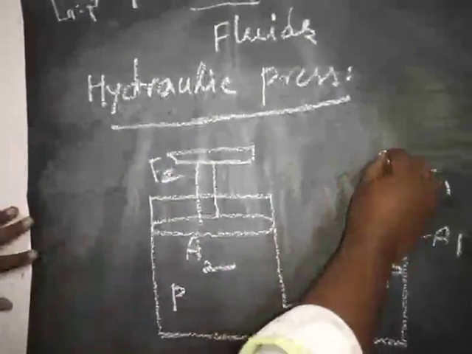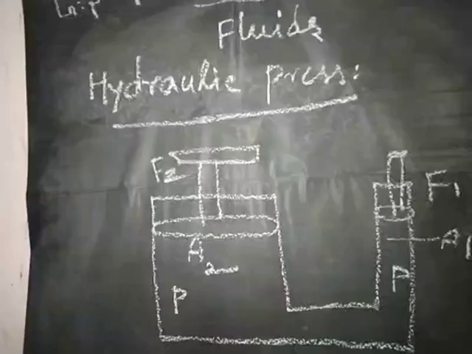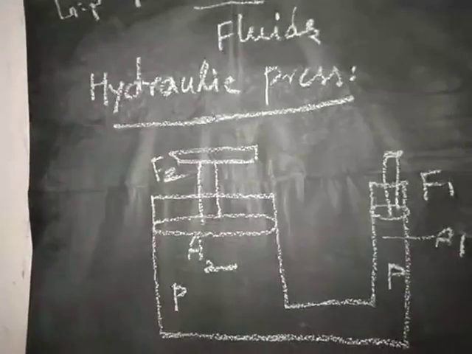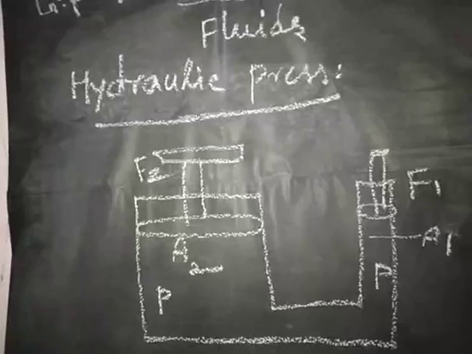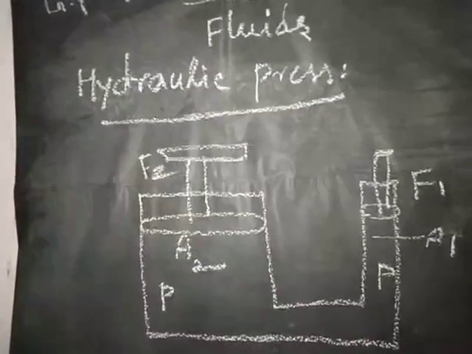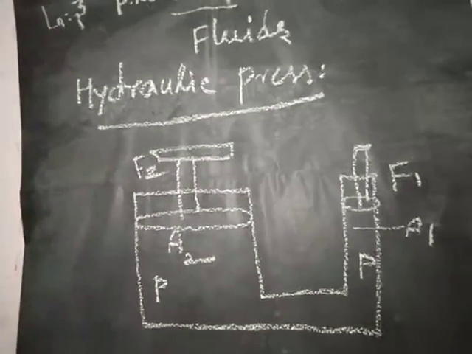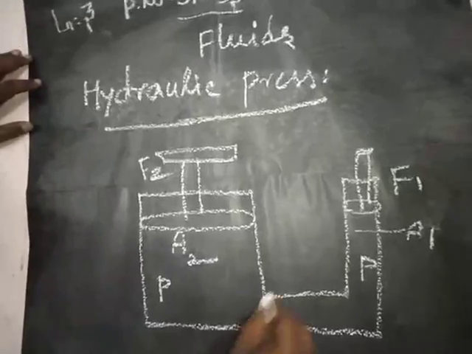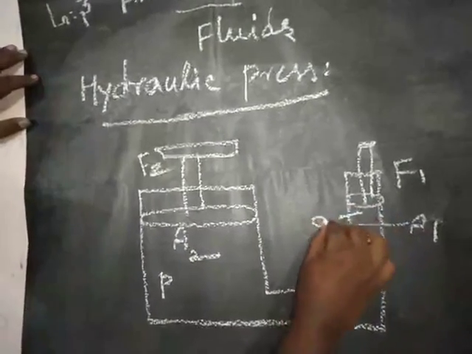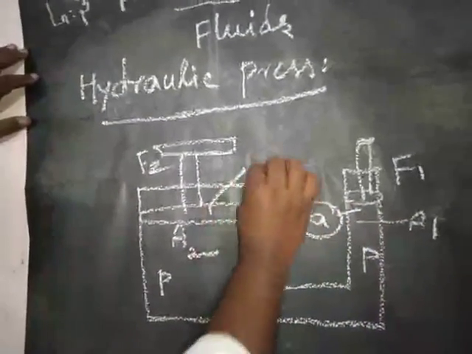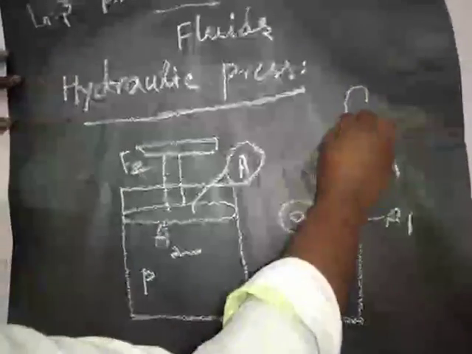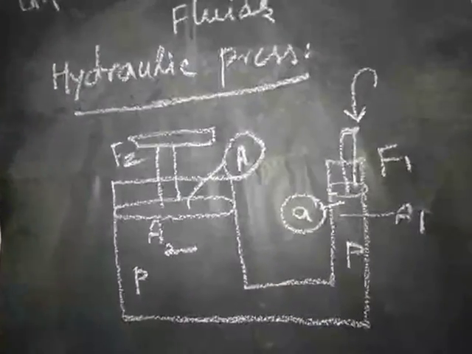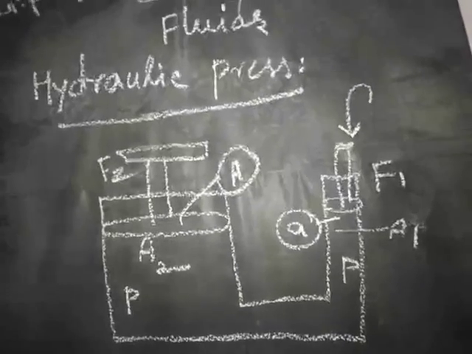Now we apply force or pressure. The force F1 is applied on the piston of small cross-sectional area A1. This is the small cross-sectional area, and this one is the biggest one. So we apply the force on the small piston. What will happen?